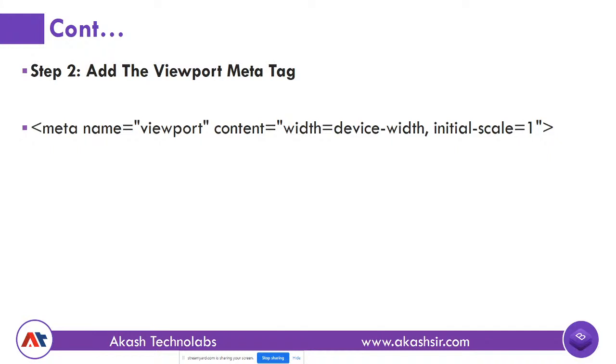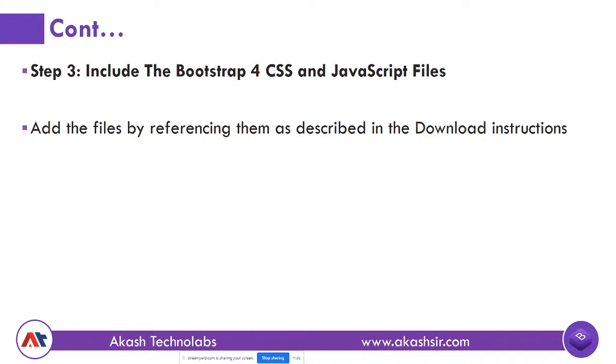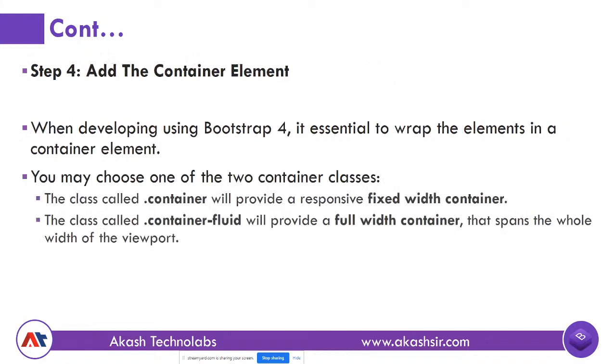So we have to write this line to add your website in Bootstrap. And one more thing, we also have to include the jQuery file and CSS file, which is designed by Bootstrap itself, right? So now what is next?